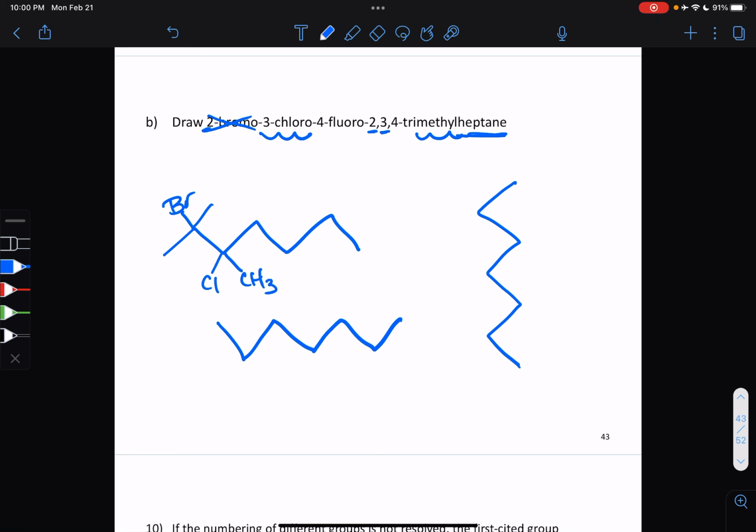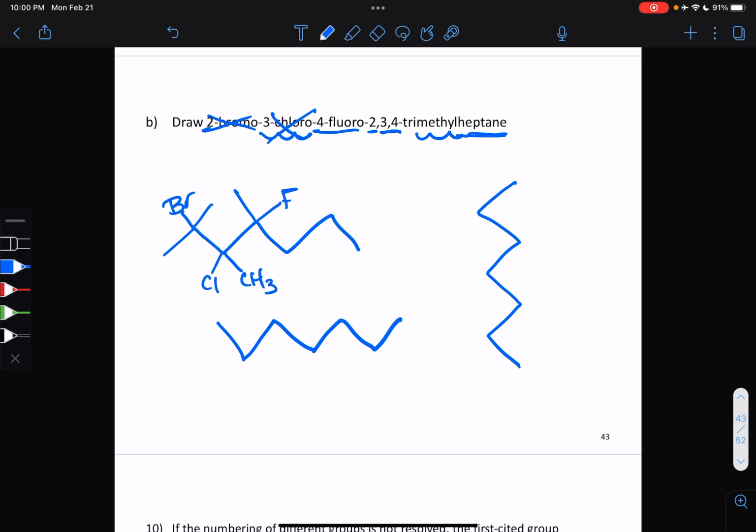Absolutely. They're both on carbon number 3. They can go either way. Okay, so we've taken care of that. Now we've got 4-fluoro. So let's draw our fluorine this way, okay? And what else is there? And methyl. We see it right there. Okay, so that is our 2-bromo, 3-chloro, 4-fluoro, 2, 3, 4, trimethylheptane.